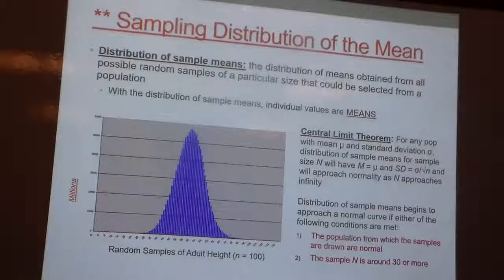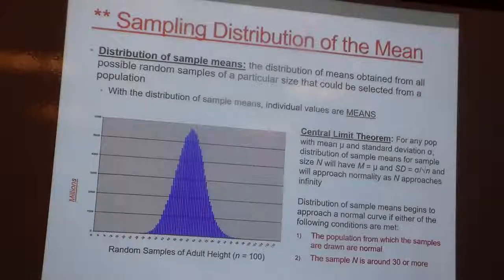Based on the central limit theorem, for any population with mean mu and standard deviation sigma, the distribution of sample means for sample size n will have a mean equal to the population mean, and the standard deviation of this distribution will be equal to the population standard deviation divided by the square root of the number of people in each sample.